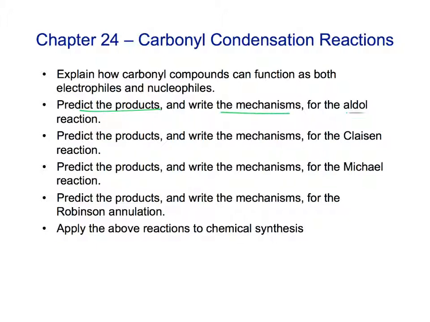The first reaction we're going to learn is called the Aldol reaction. Then we've got the Claisen reaction, then the Michael reaction, and then the Robinson annulation. These are all named after the people that discovered a reaction that was good enough to get it named after them. Let's put this all in perspective.